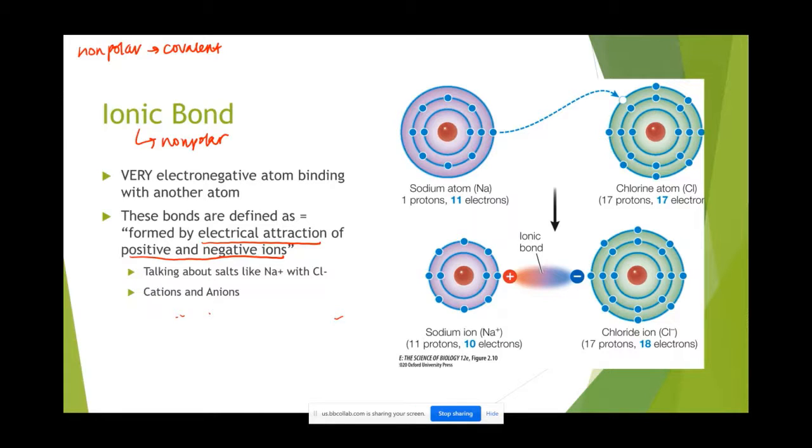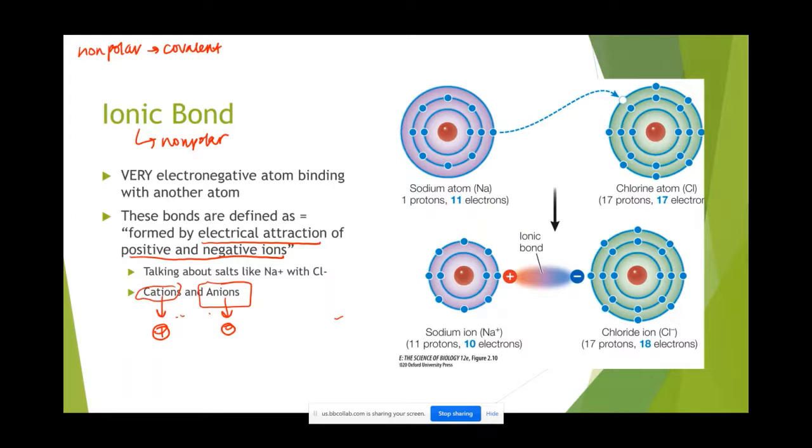The other thing I was going to say is that cations are typically positive charges and anions are typically negative charges. You're most likely going to see nonmetals like chlorine, fluorine, and oxygen as anions. You're going to see cations typically be magnesium, sodium, lithium, barium, things like that.